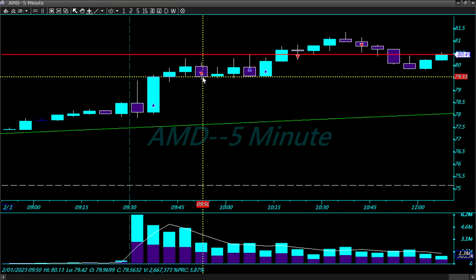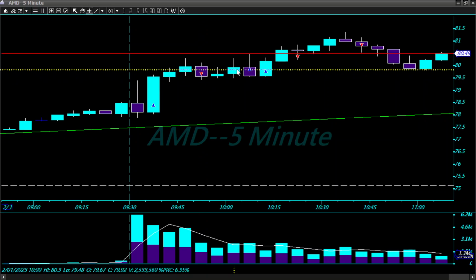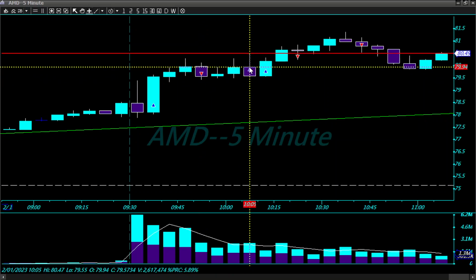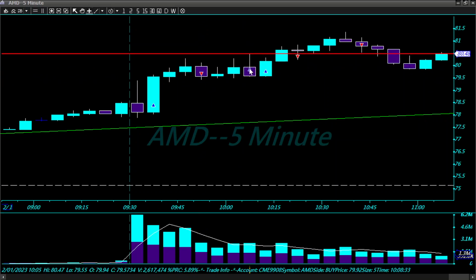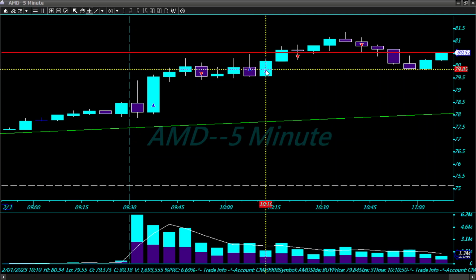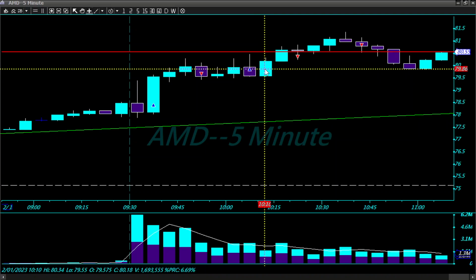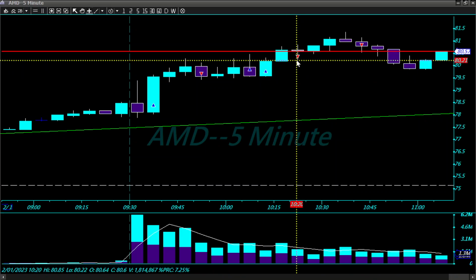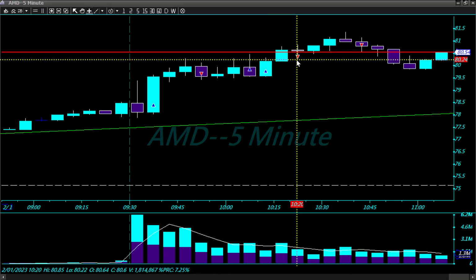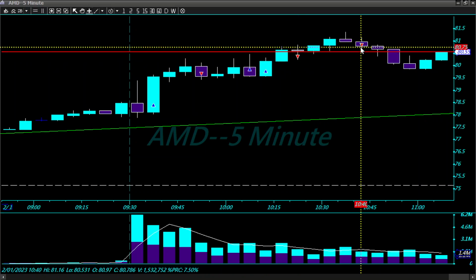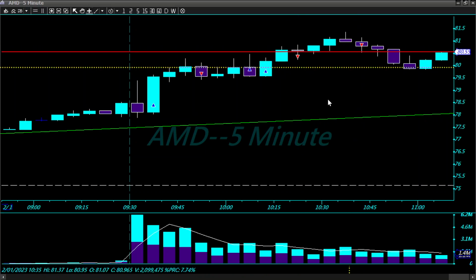Took my first partial up here at 79.55. Then added to the position here again at 79.94, and added another position here at 79.85. Took off one of them at 80.24, and then I was all out here at 80.75.